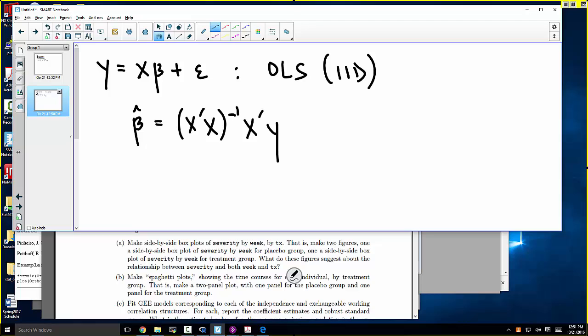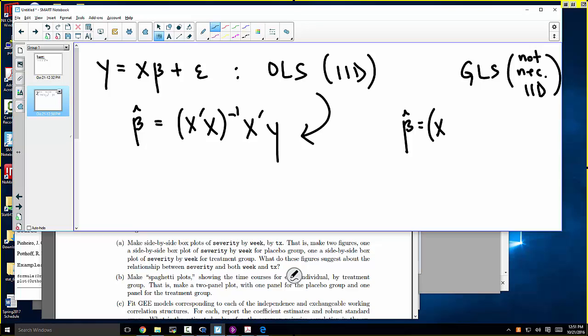But in the GLS case, not necessarily IID, the estimate, the MLE, is a little bit different.